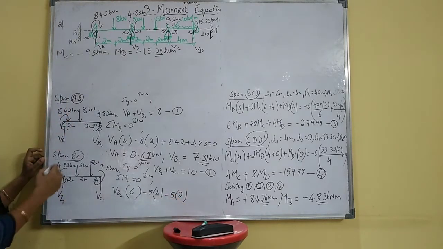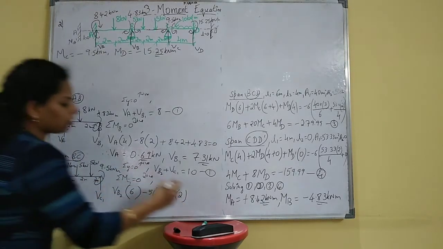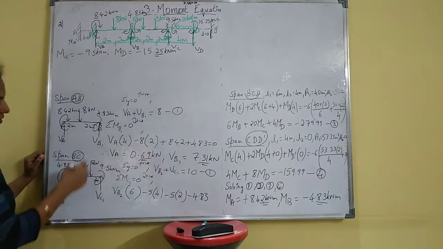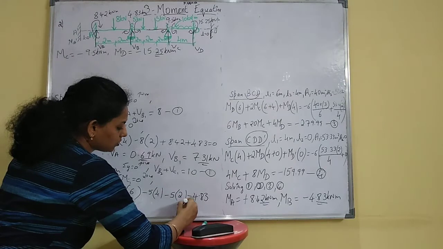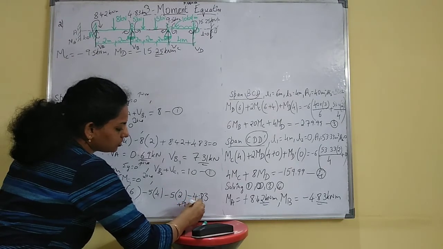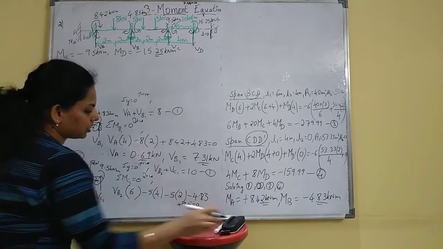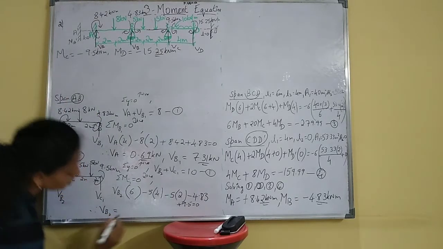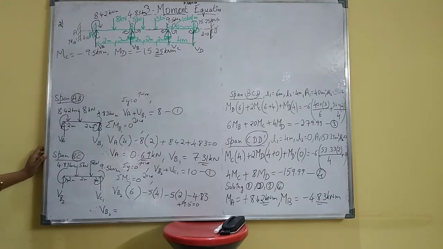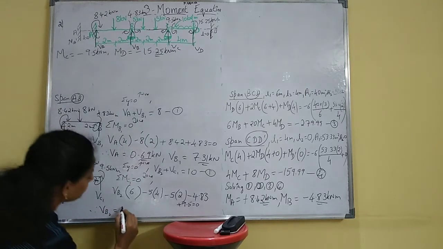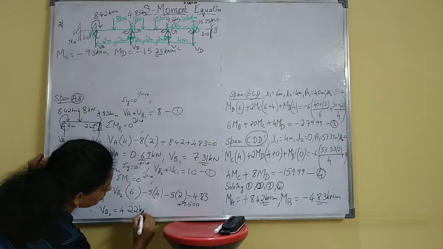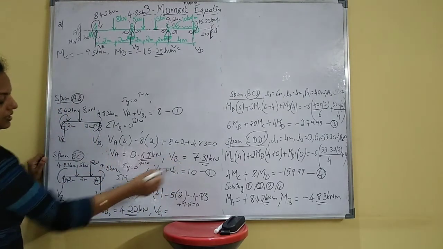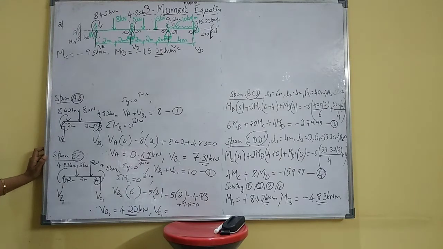Now joint moments, this is anti-clockwise, so minus 4.83, and this is plus 9.5 equal to 0. Okay, therefore VB2 is equal to 4.22 kilonewton and VC1 equal to, just substitute here, 10 minus 4.22.